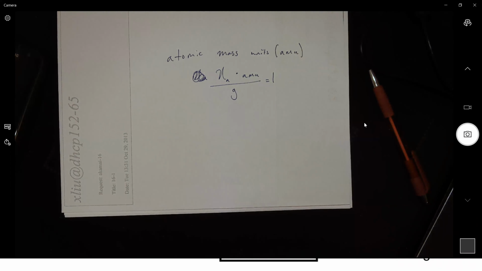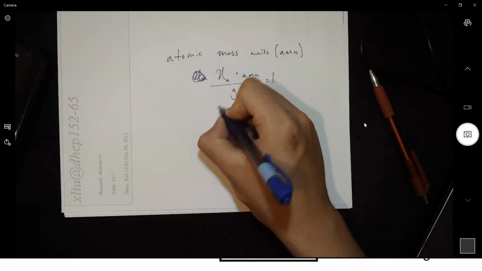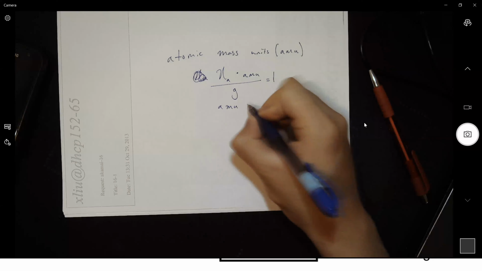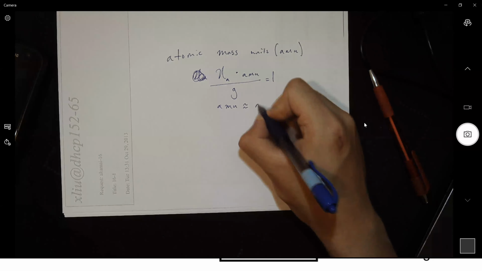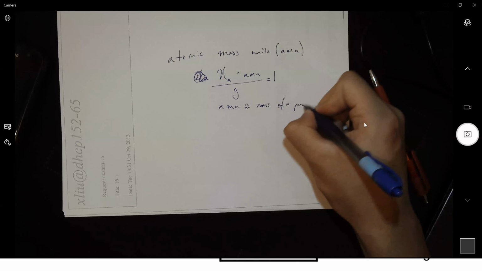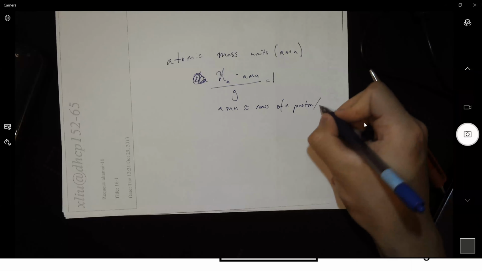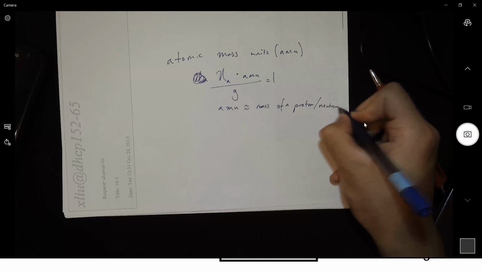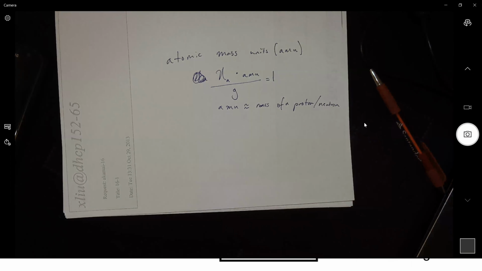So what is the atomic mass unit? I won't go into the definition, because the definition is, for some reason, complicated, but you can just say that the atomic mass unit is about the mass of a proton or neutron. These protons and neutrons weigh about the same.